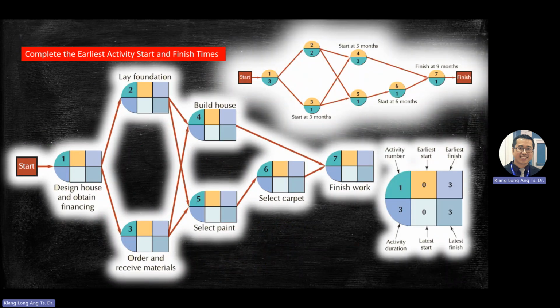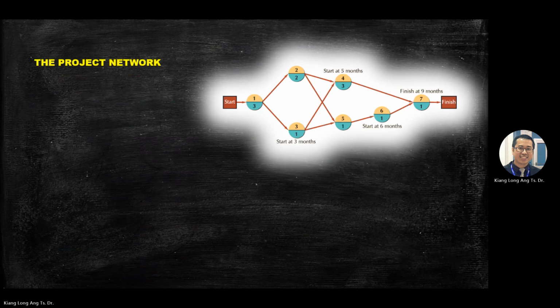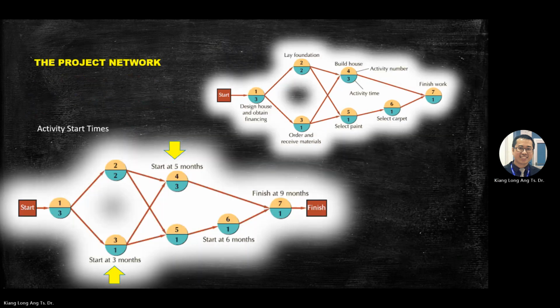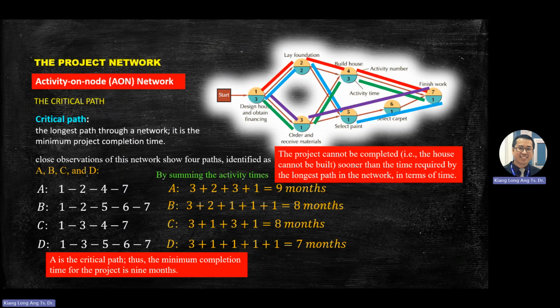So the first one you write this one. The answer is this one. The first method, you identify the critical path with the longest path through the network. Then you sum up the activities to get the minimum completion time. This is the first method.